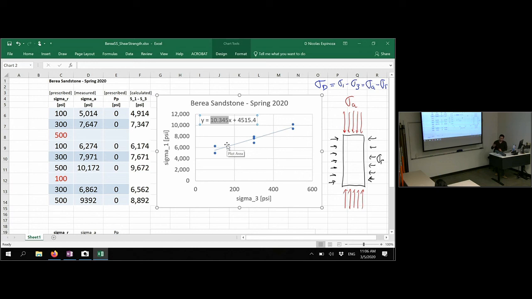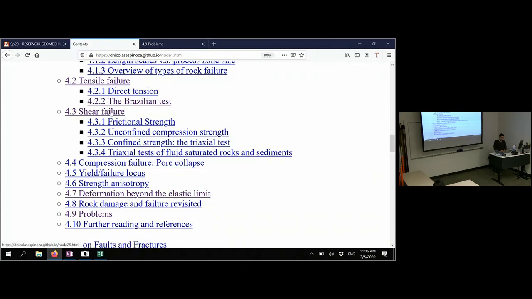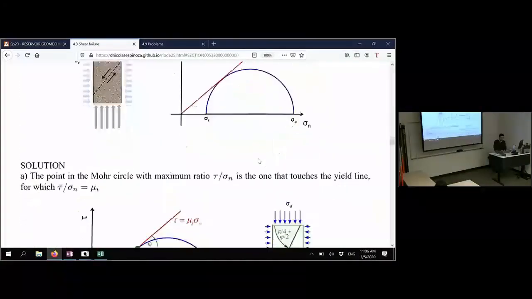If you wanted, and you have to do this for your report, if you wanted to compute the cohesive strength and the friction angle, what you have to do is use these equations.